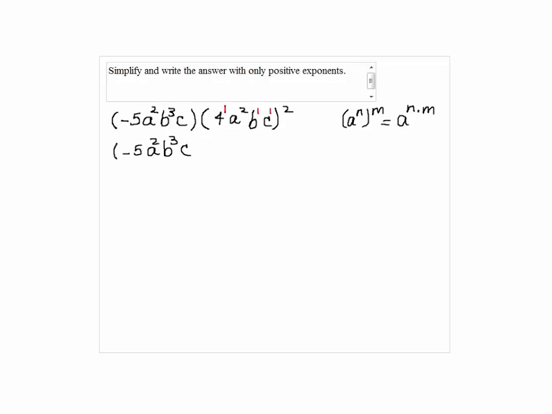So I would have minus 5 a to the power of 2, b to the power of 3, c, and over here I would have 4 to the power of 1 times 2 is 2, a to the power of 2, 2 times 2 is 4, b to the power of 1 times 2 is 2, and c to the power of 1 times 2 is 2.